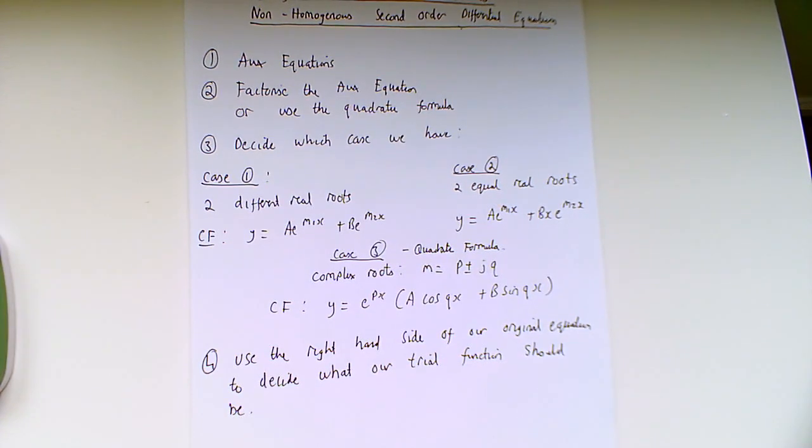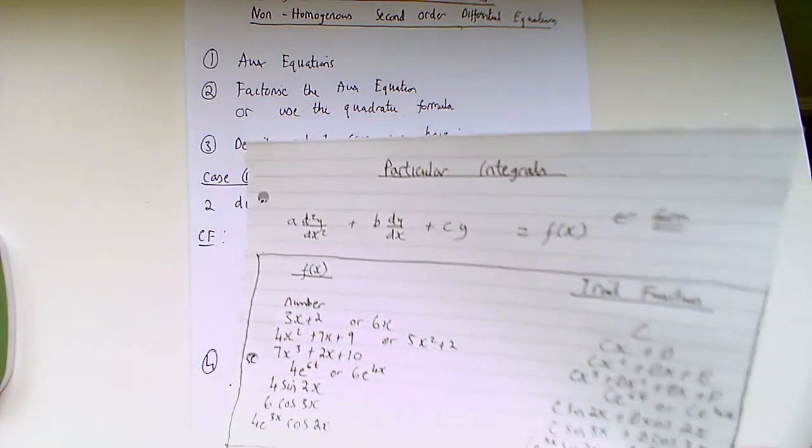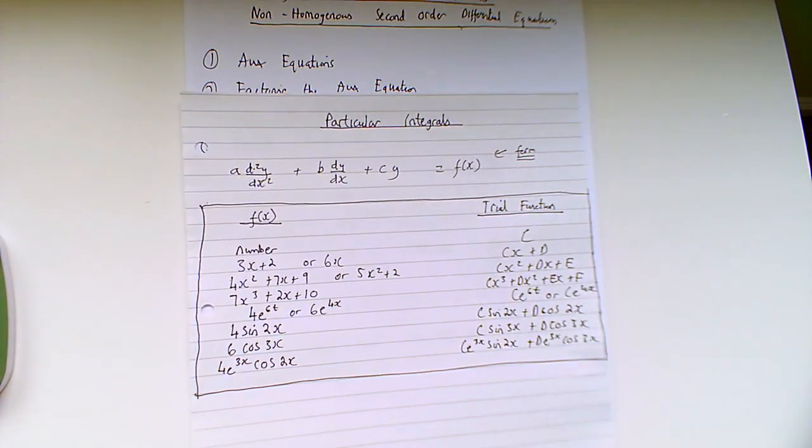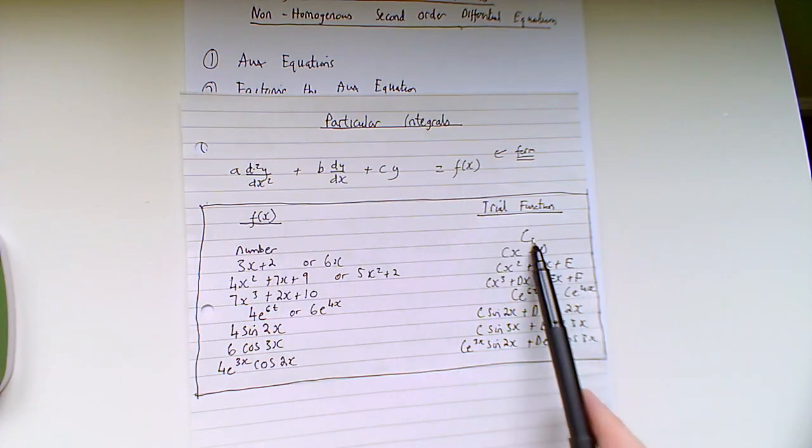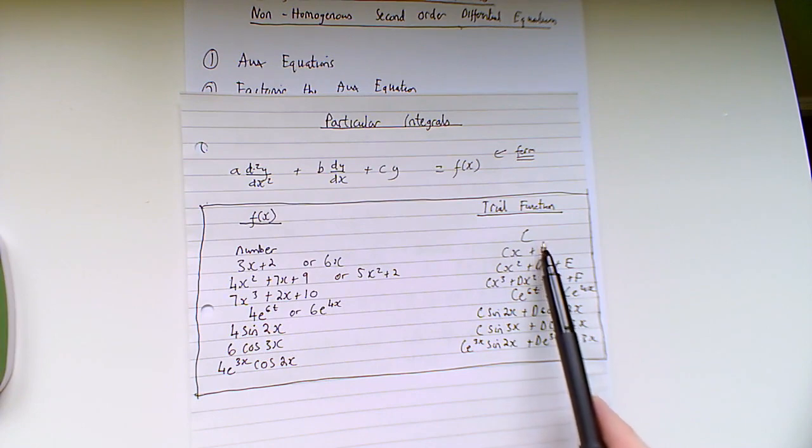Now, I have put onto Teams the particular integral table, or the trial function table. It looks exactly like that. So the right hand side of your differential equation decides what our trial function should be. If the right hand side is just a number, we just choose c. y equals c is our trial function.